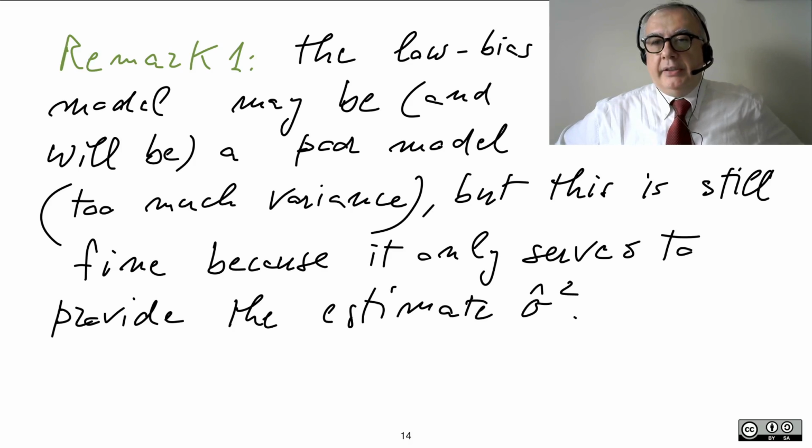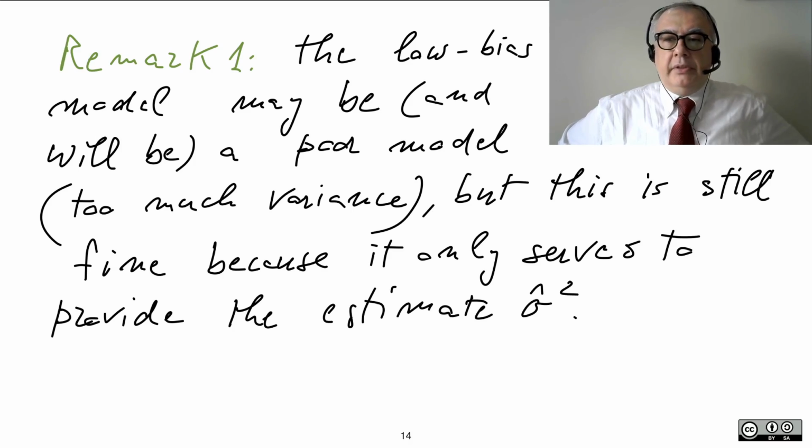And the relationship that provides the variance is true provided that the bias is small. So the fact that the model is not good at making predictions is not going to affect the possibility of using it to estimate the variance.